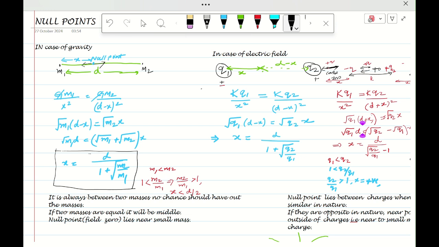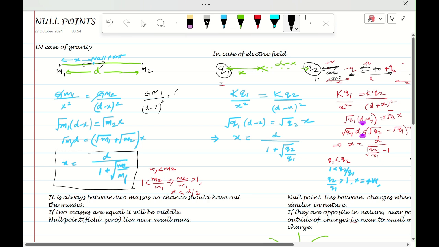For example, if you take it from m2, at x distance, the null point is x, and G m2 by x square will come here. Here I have taken from m1, therefore G m1 by x square is equal to G m2 by d minus x whole square. If taken from m2, then G m1 by d minus x whole square is equal to G m2 by x square.